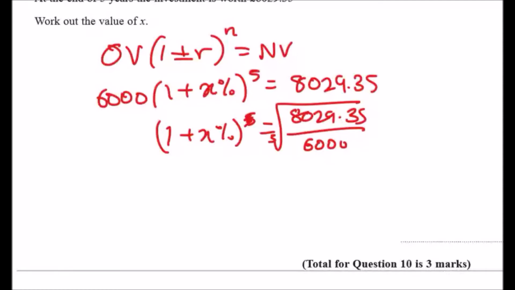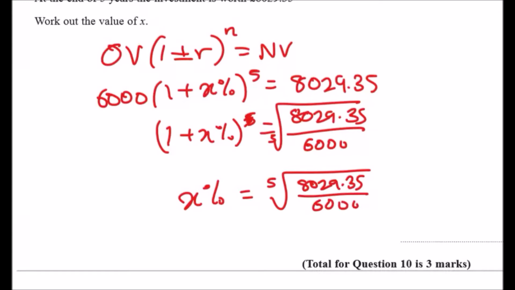So fifth root is literally stick a 5 there, yeah? Next, we want to subtract 1, so it'll be X% equals the fifth root. So remember, use the cube root button and delete the 3, of this number minus 1.